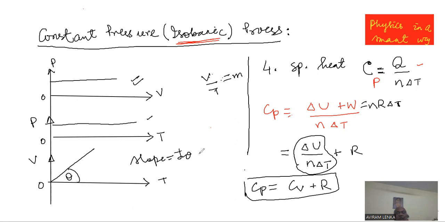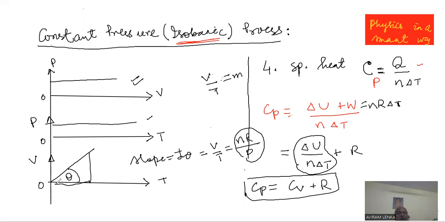Tan theta will be equal to V by T. Already you have decided that. You can refer to my writing. V by T will be equal to nR by P. I won't be telling you where I got it from, but I am giving a hint: we refer to the old friend, PV equal to nRT, and here we know tan theta will be equal to y by x.